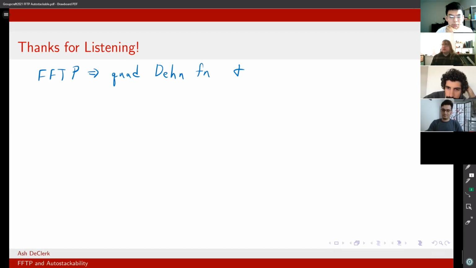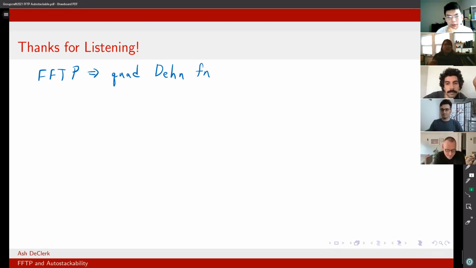And I believe it implies some homological conditions, but I'm not 100% confident on that. I am not the expert on FFTP groups. Yeah, it implies FP3 or type F3. Okay, so FFTP implies a quadratic Dehn function and homological type F3.